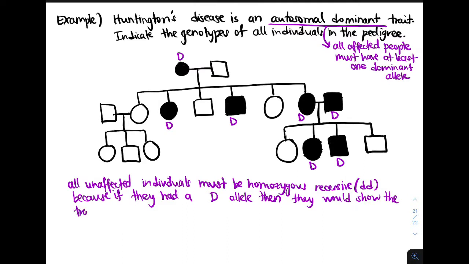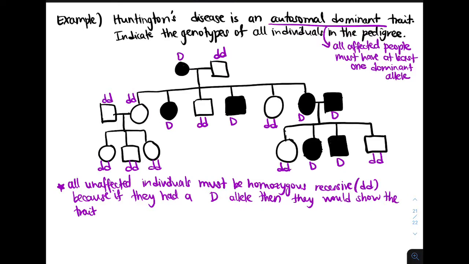But if they don't show the trait, then they have to be homozygous recessive. So now we can fill in all the unshaded individuals with a homozygous recessive genotype. So here I'm just filling in little d for all unaffected, uncolored individuals.